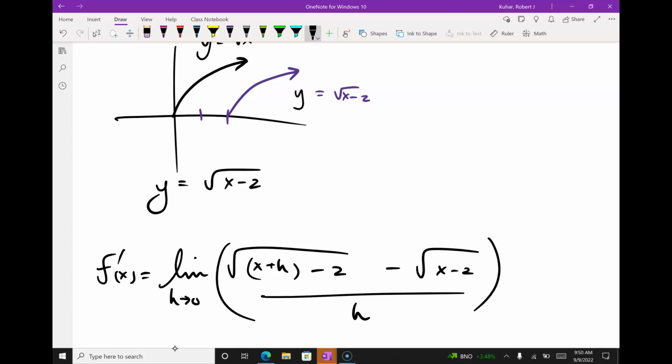Again, I'm doing this one to get my derivative. It's the original function with x plus h put in for x, minus the original function, that's my difference quotient, all divided by h.